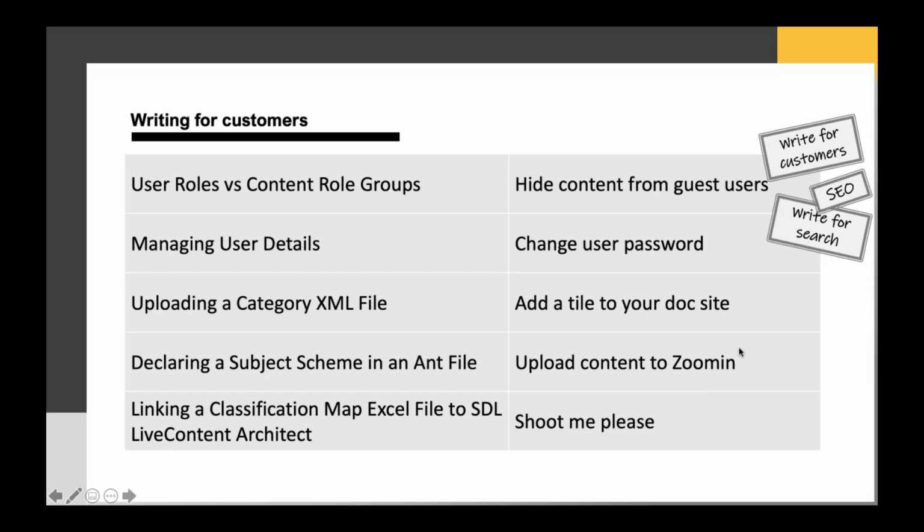So this is how you come up with your titles. So declaring a subject, schema, and ant file. Oh my God, that would be uploading content. That's what I would do, right? That's the kind of thing that I would do. So these are the titles that I must be thinking about. And for this one, well, I just wrote shoot me please, because I have no idea what that means and I need to find it out, right?